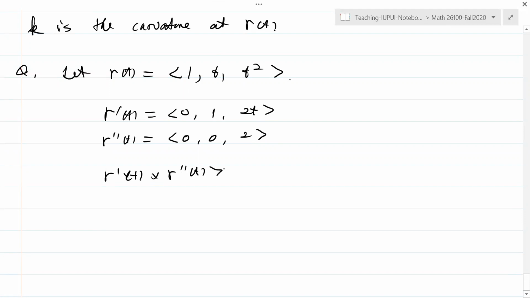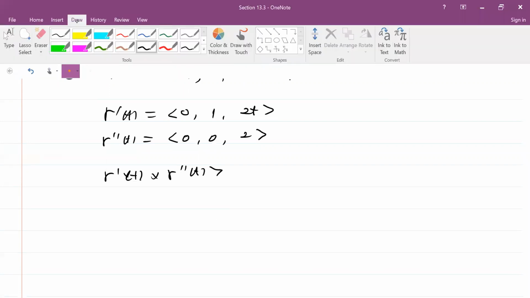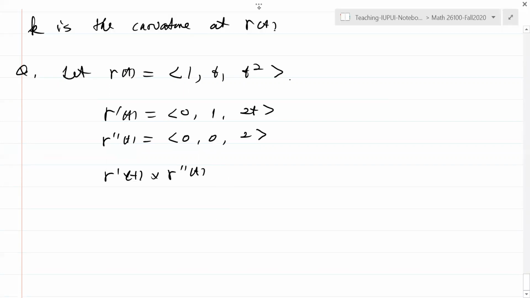The next step is to find the cross product, which is another vector. By definition, it's the determinant with i, j, k, then 0, 1, 2t, then 0, 0, 2. Expand this 3x3 determinant.